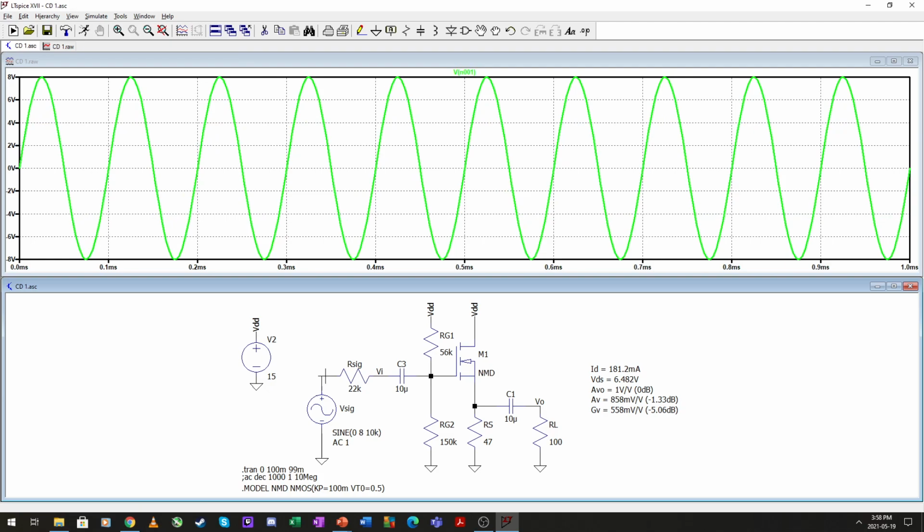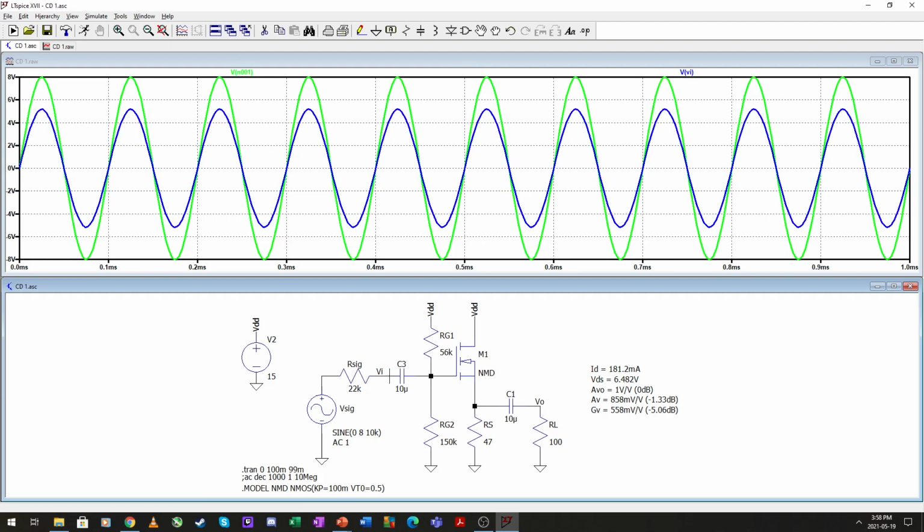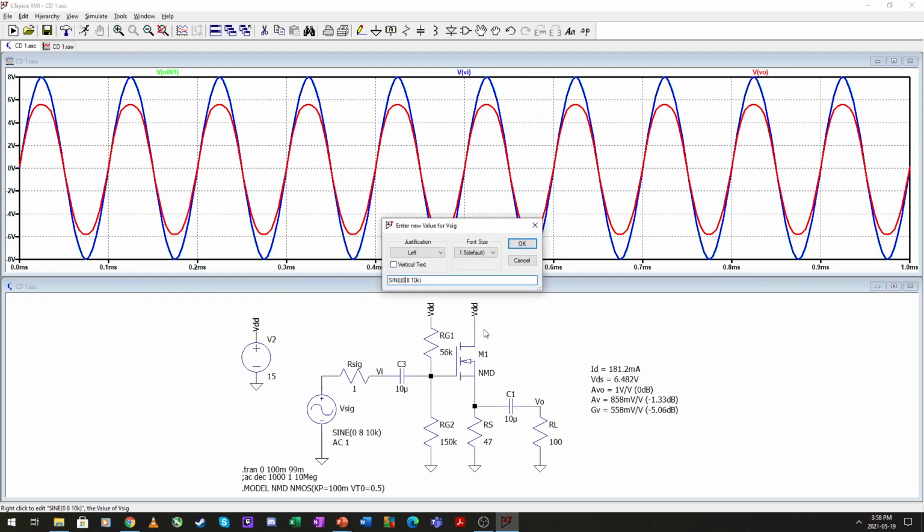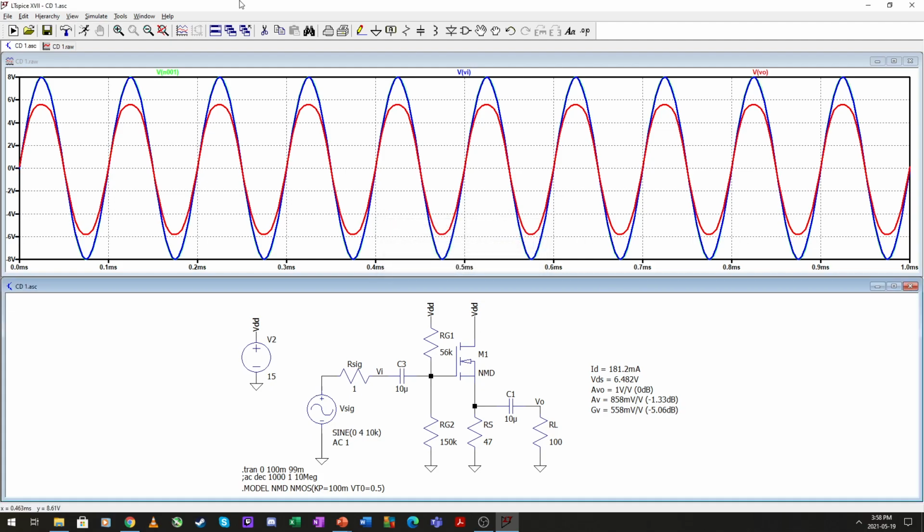So the 8 volts input here drops down due to this voltage divider effect, and the final output is a little bit smaller than our input. So to demonstrate this, let's run it like that. Okay, we are driving it a bit into saturation. Let's make that a 4.